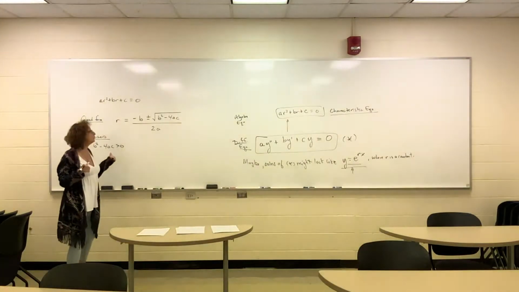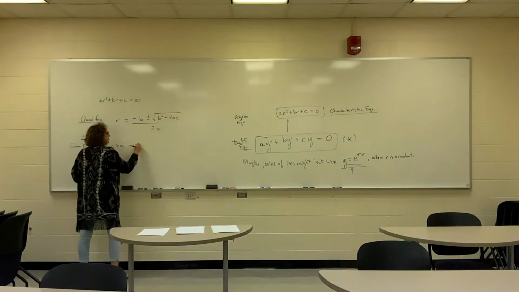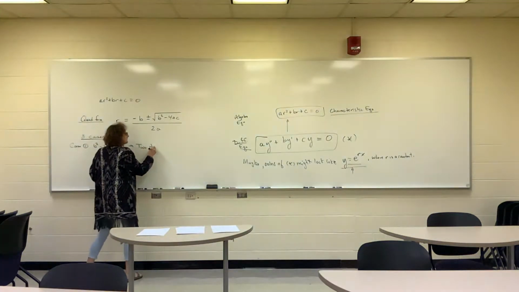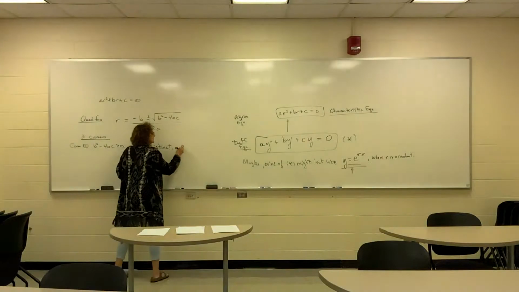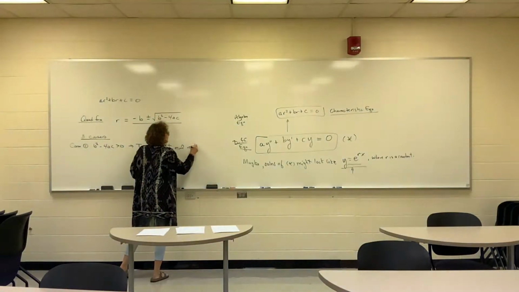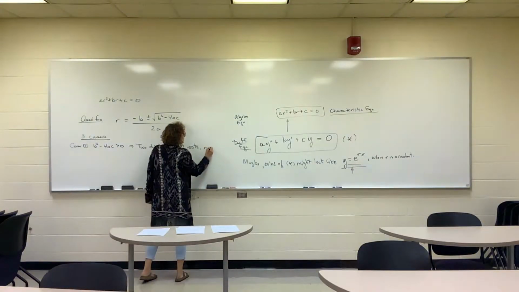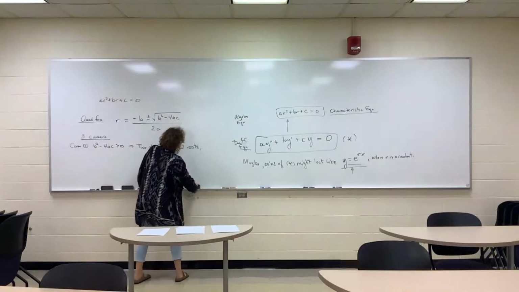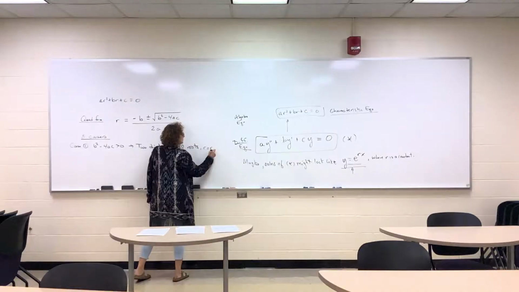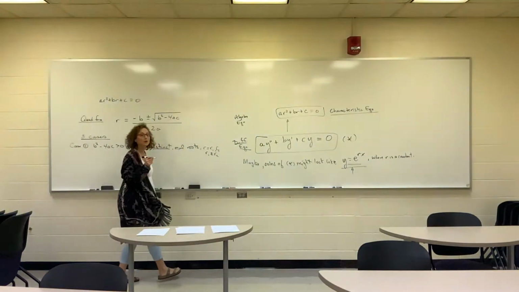So with B squared minus 4AC positive, we get two distinct, different, real roots for this parabola. We'll call them R1 and R2, so R is equal to R1 and R2 would be the roots, and R1 is not equal to R2.